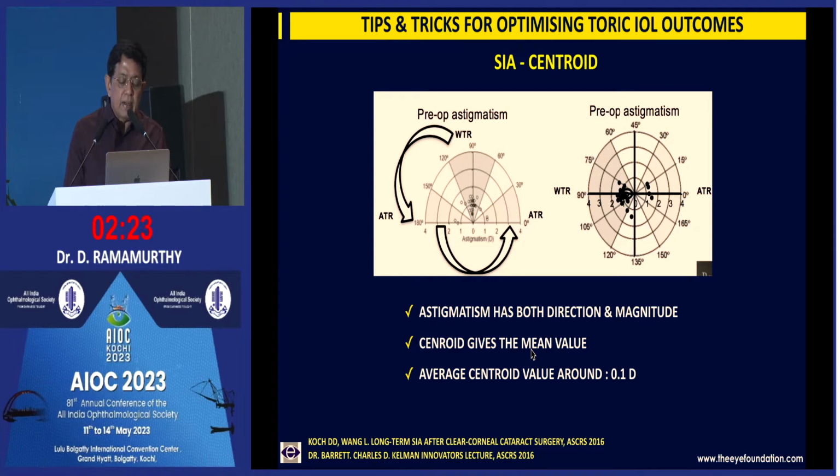You can customize your centroid value, but since it is just in the range of about 0.1 diopters, it's really not worth wasting that time. And there are surgeons who just feed in SIA as 0 diopter. So that is the reason doing your incisions on axis has also been almost completely given up.